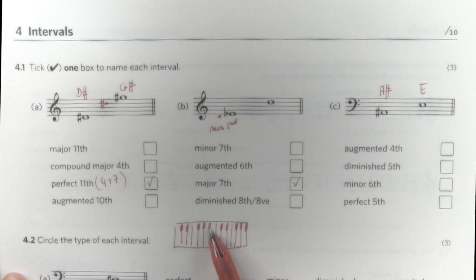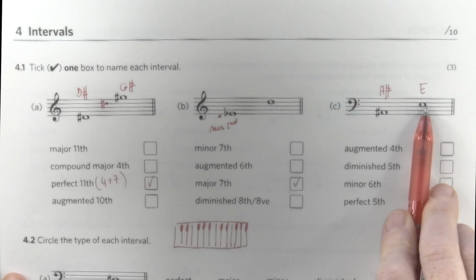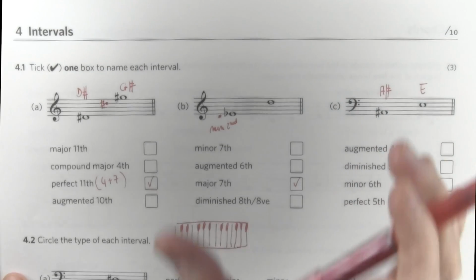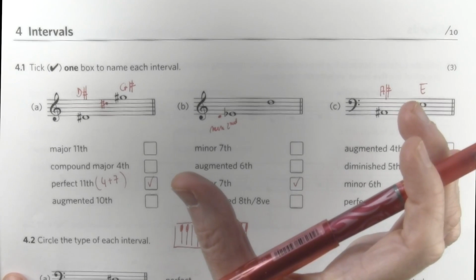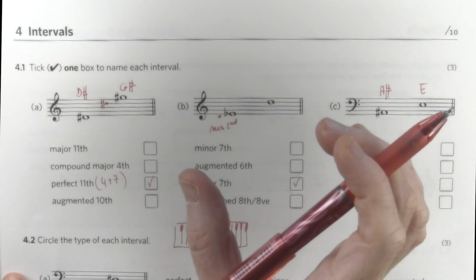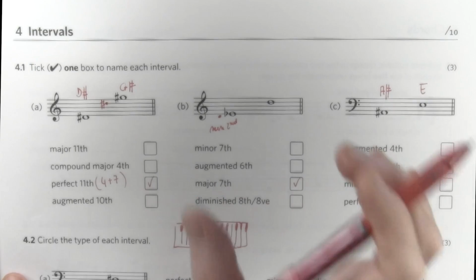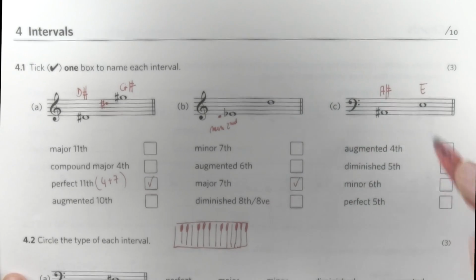So let's double check. From here, 1, 2, and 3, but we're missing the half. There should have been a sharp here. So instead of perfect, the fifth is diminished because it's reduced. Diminished fifth. Here it is.